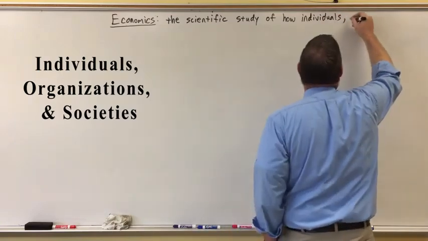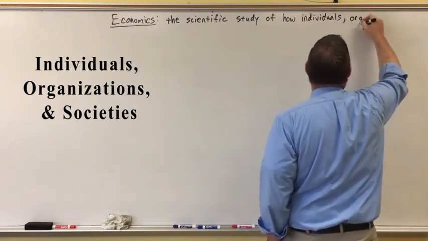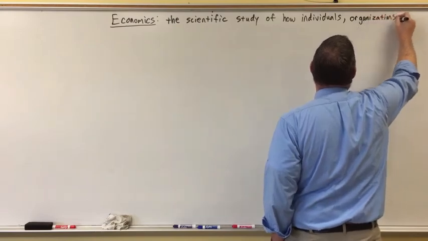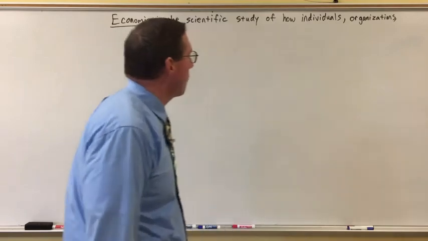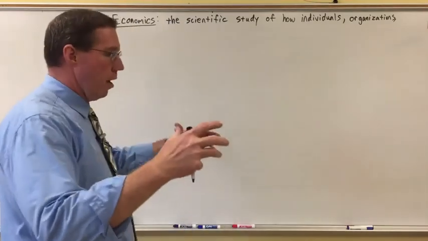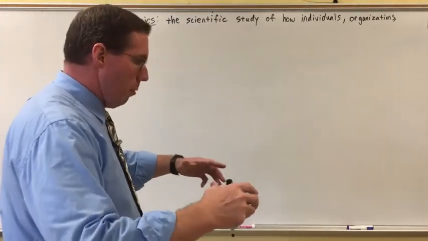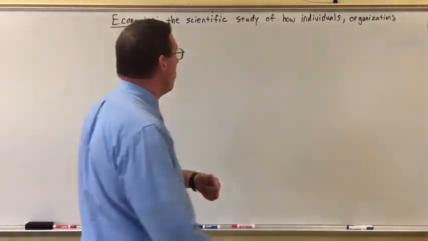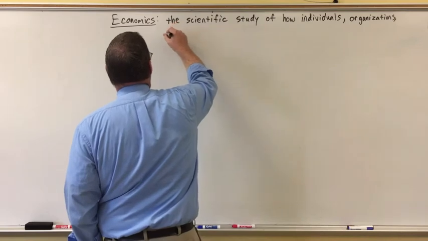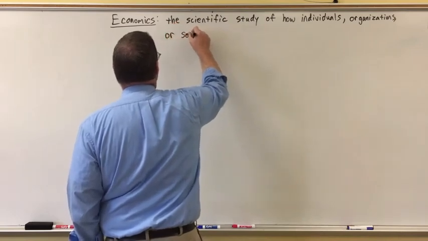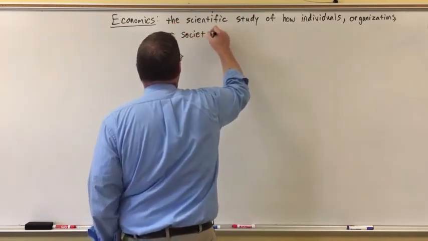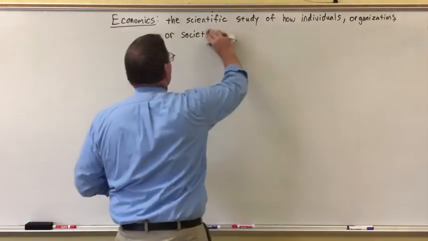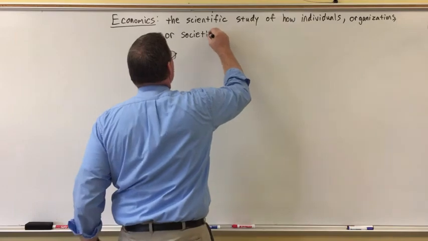Individual people, organizations, so that's like businesses or maybe government organizations or not-for-profit organizations, groups of people who come together to either make a profit or achieve some kind of goal, or societies. Now, a society is like an entire country or an entire city or an entire state, okay?